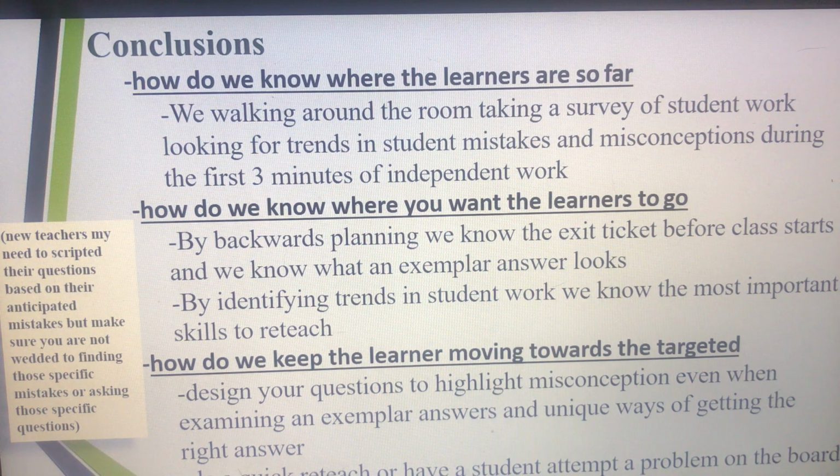For newer teachers, you probably want to script out what you're going to say in order to ask questions that are going to do this. And then obviously the reteach immediately following the public examination.